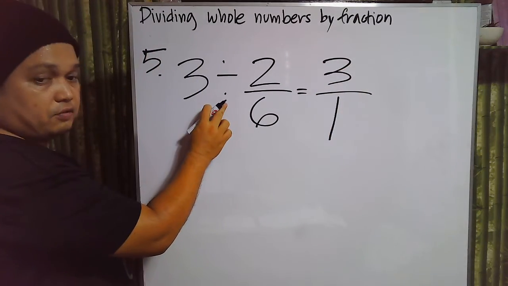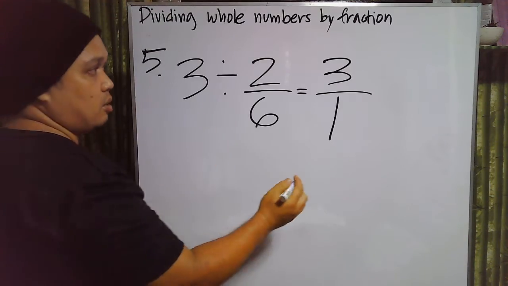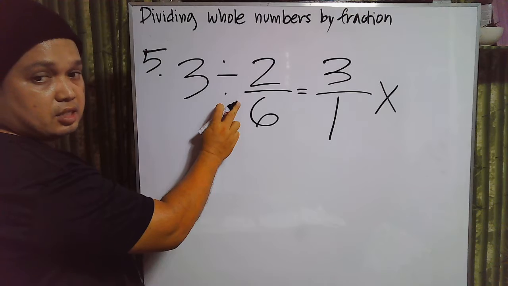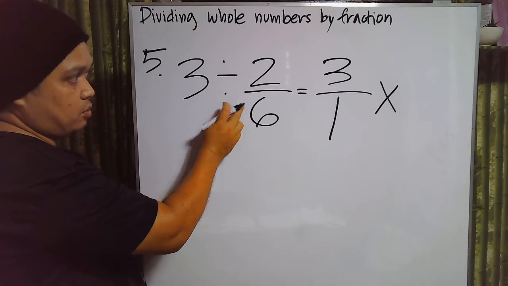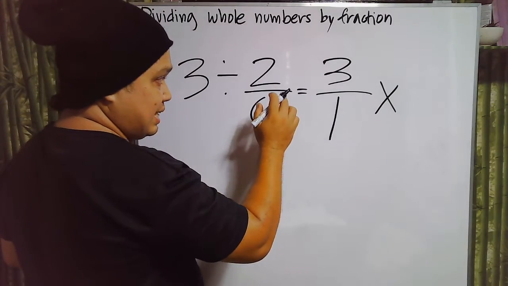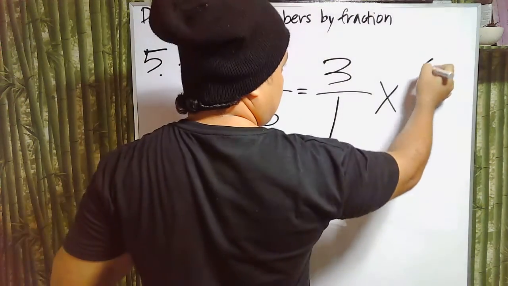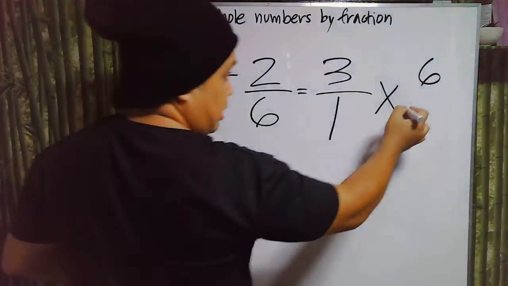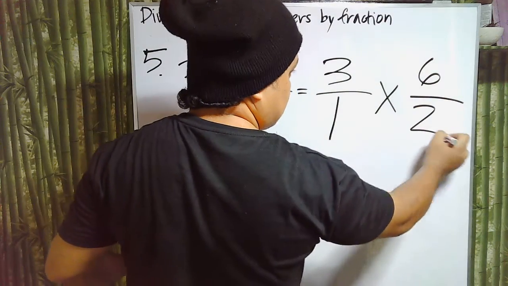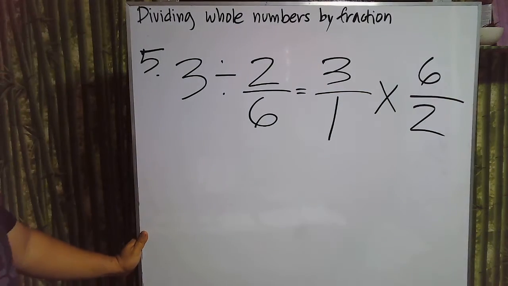Now, the division becomes multiplication. Next, by the reciprocal of this fraction, just gonna invert this. Okay, 6, the denominator becomes the numerator, and the numerator here becomes the denominator. Okay, it becomes 6 over 2.